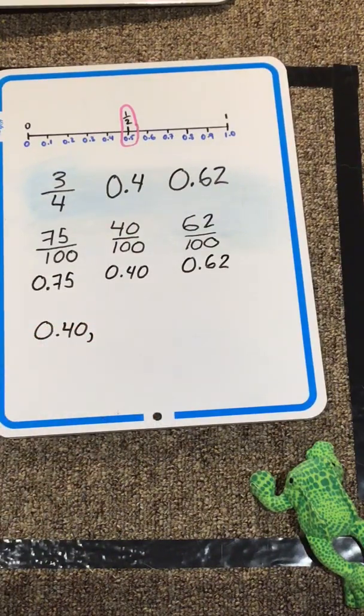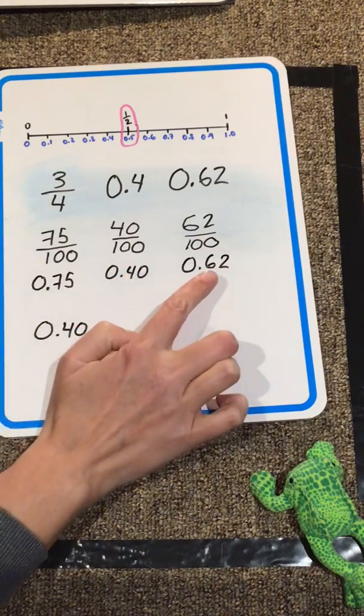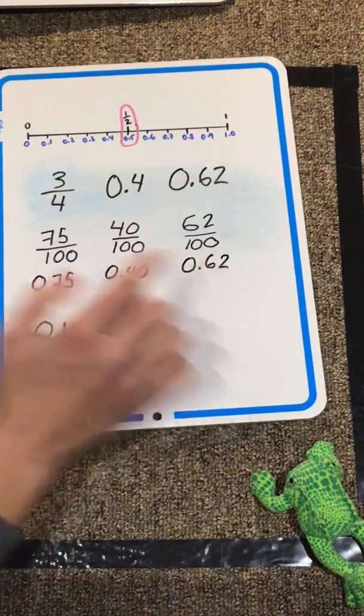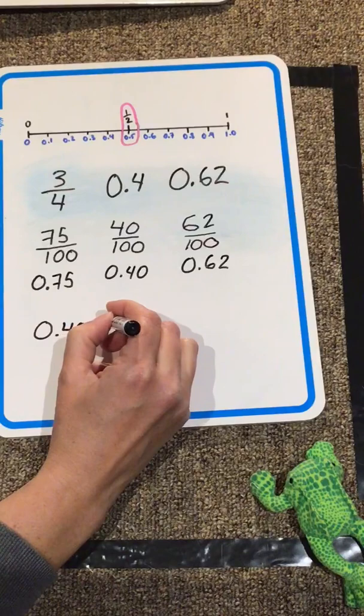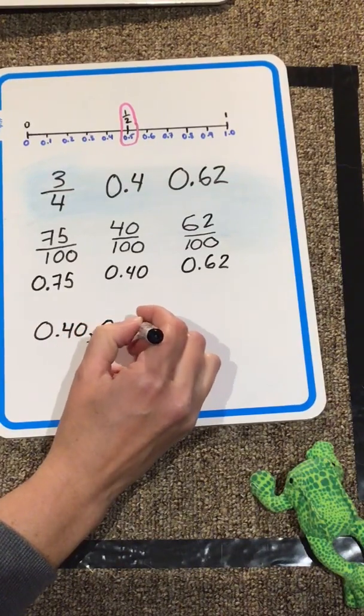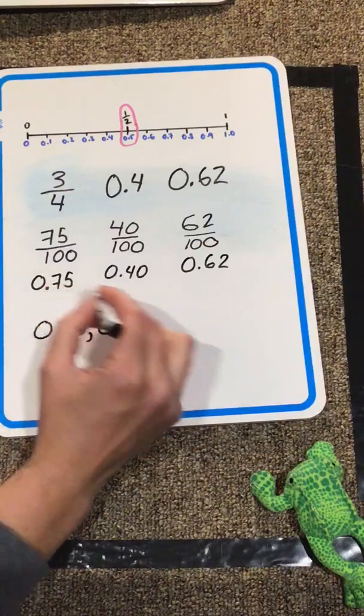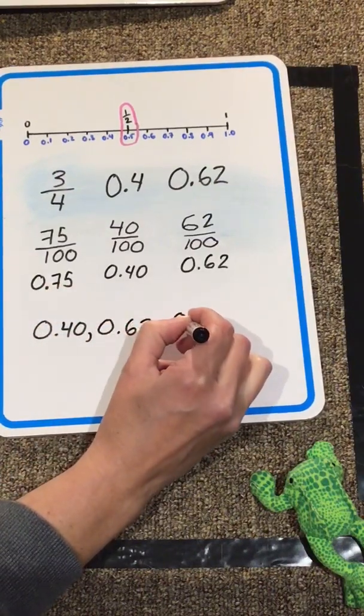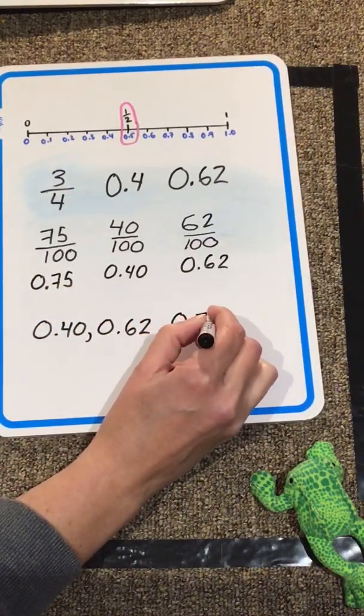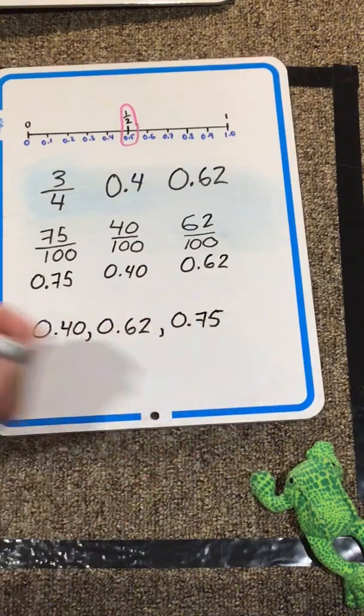The next biggest amount of cake would be this guy, right? It had 6 strips. Okay. The next biggest number would be 0.75. Okay.